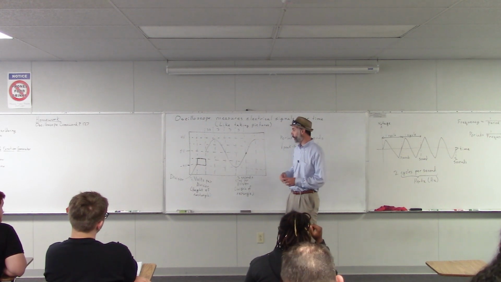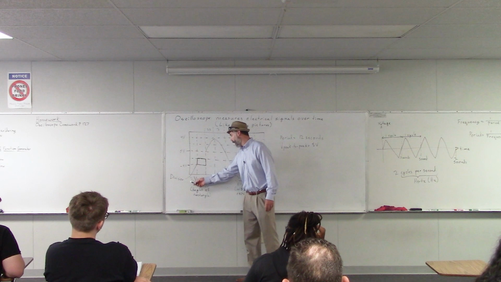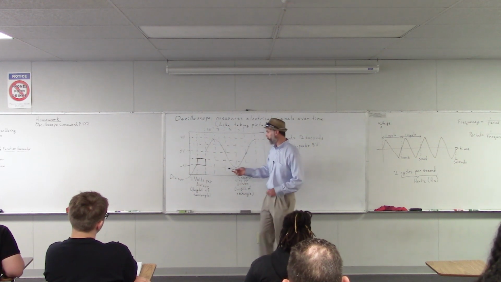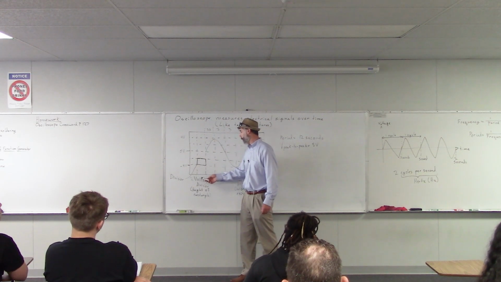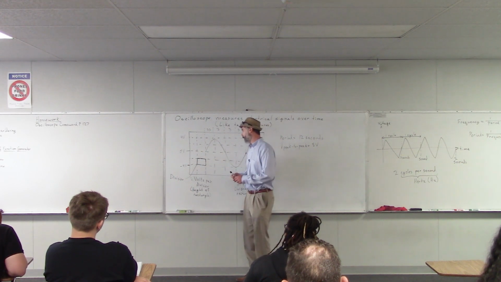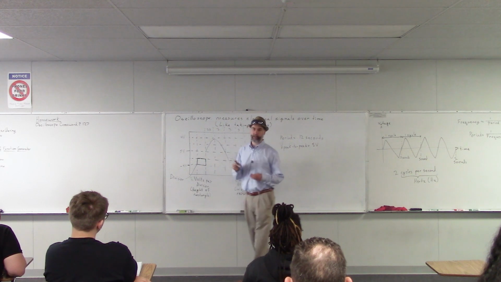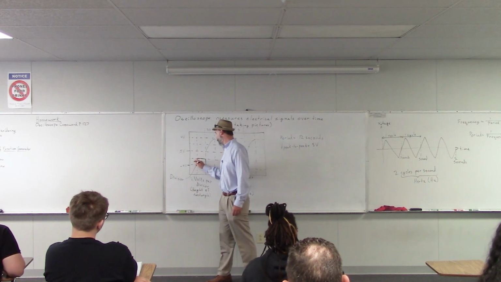So in this example, I just said that we have 2 volts per division and 3 seconds per division. And that means that each one of these little squares, or rectangles rather, is 2 volts high and 3 seconds wide.